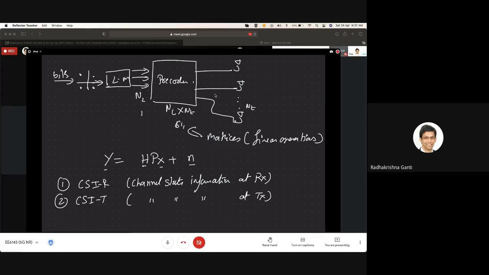CSIR is the most common. You require channel state information at the receiver, which means you estimate the channel at the receiver. If you know the channel at the receiver, then you do a pseudo inverse or simple equalization to recover your data.